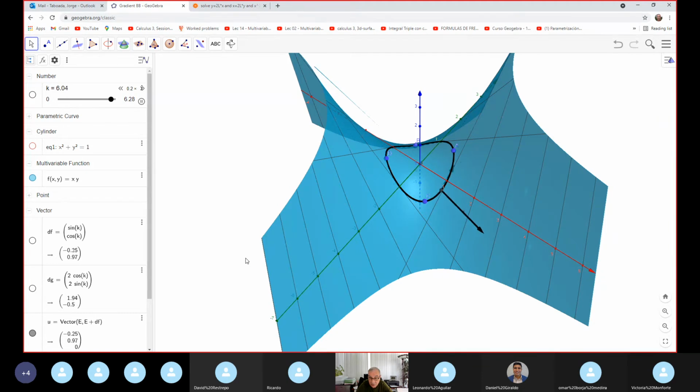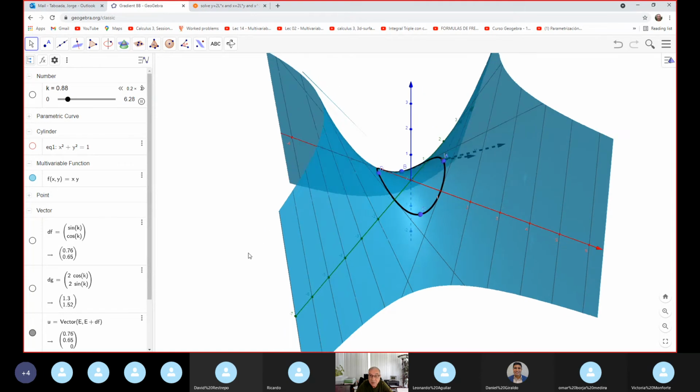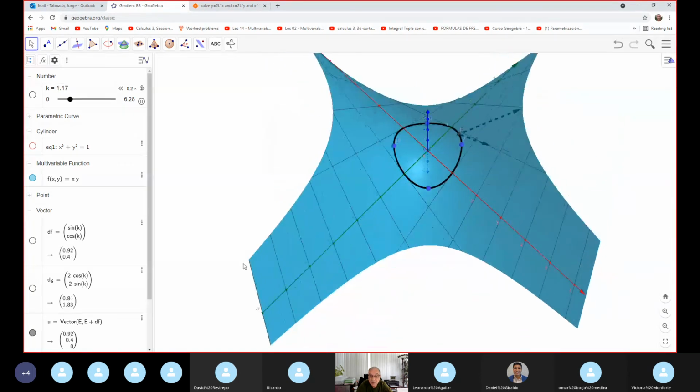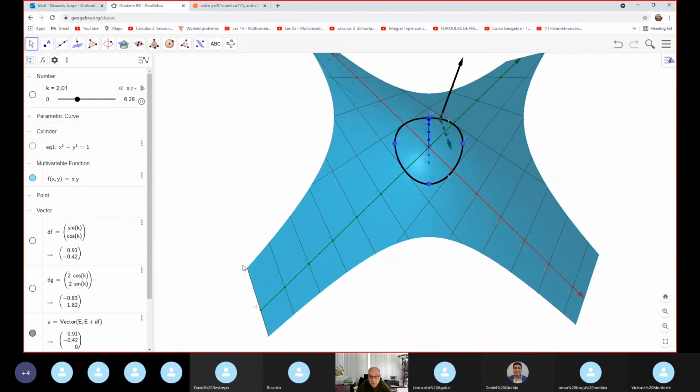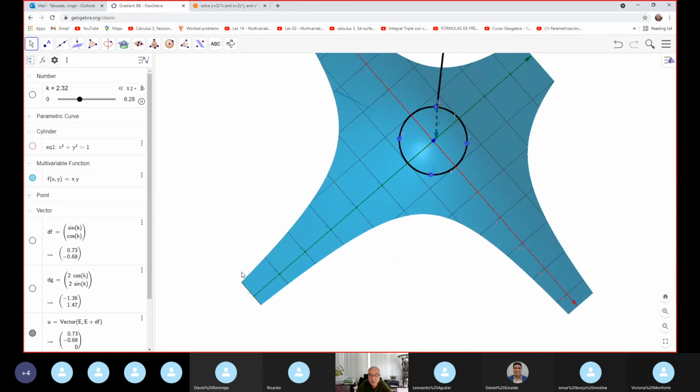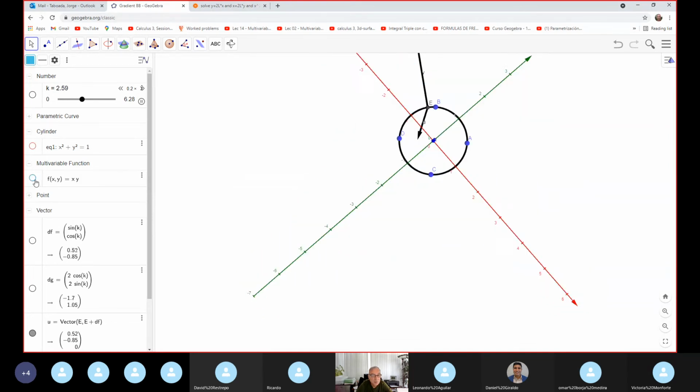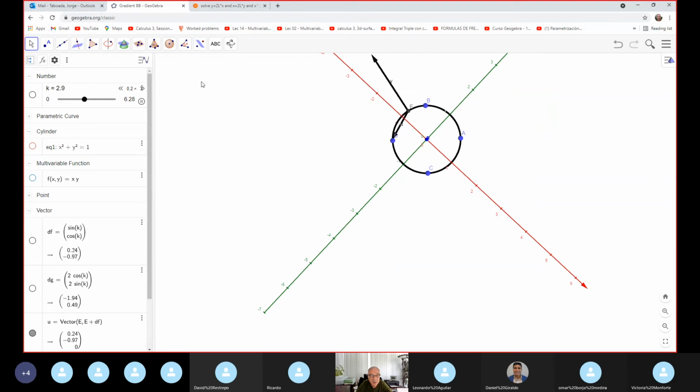Now the function is increasing because the angle is acute, maximum. Look, it's a maximum. Now it's decreasing. The angle is obtuse. Is the idea more clear?